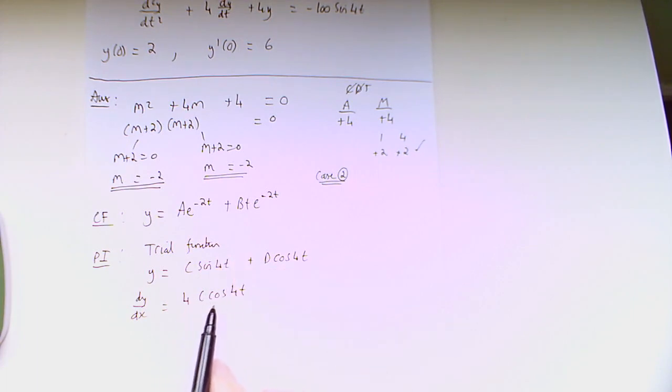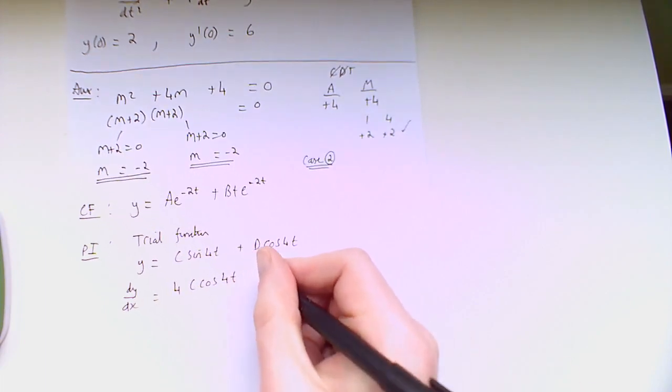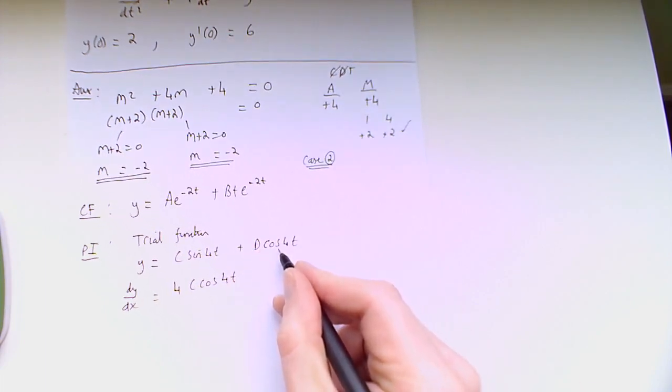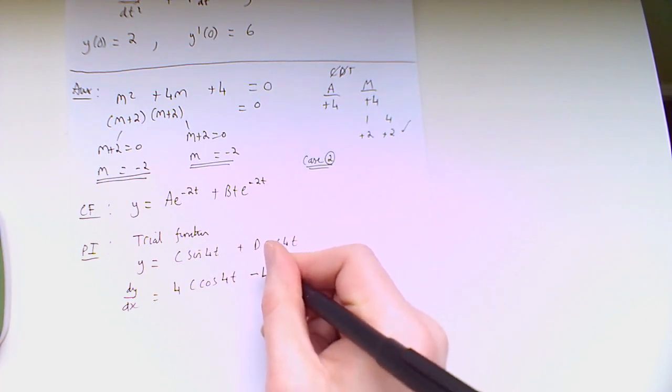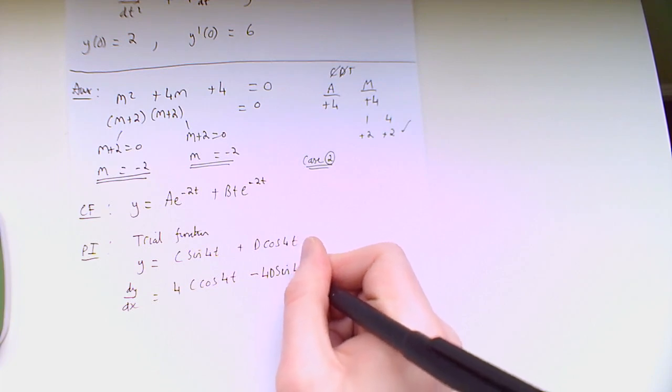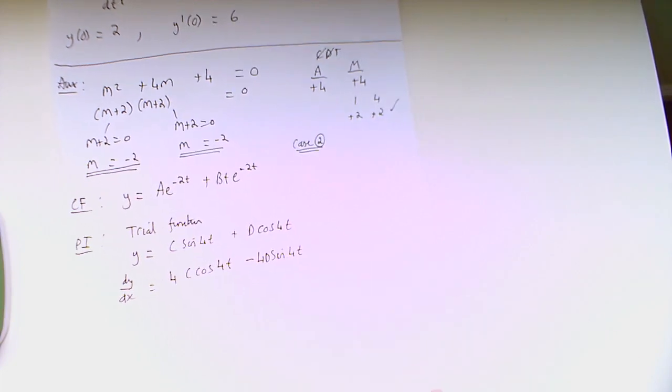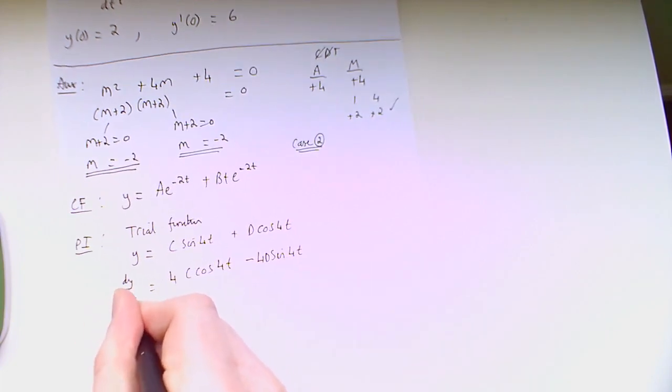If you think you'll mix them up, use d and e, or two random letters, in the trial function. It doesn't need to be c and d. Remember, if you differentiate cos, it becomes negative sine, so it's negative 4d sine 4t.